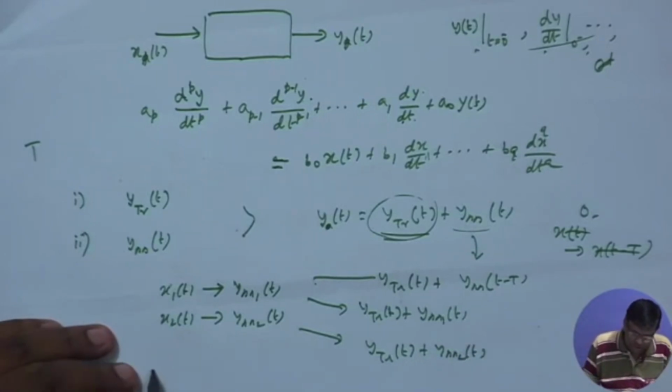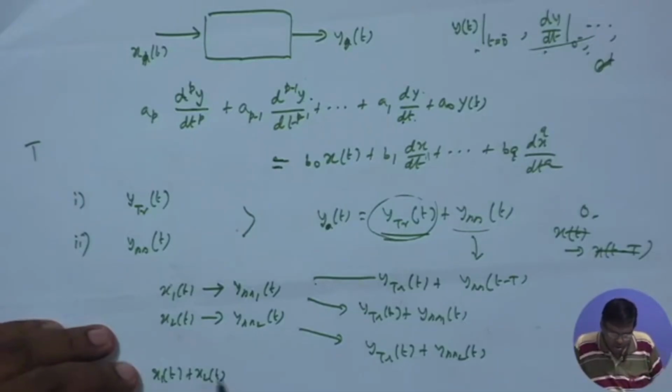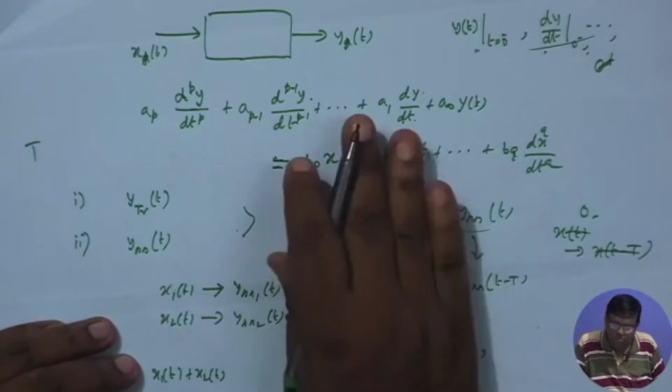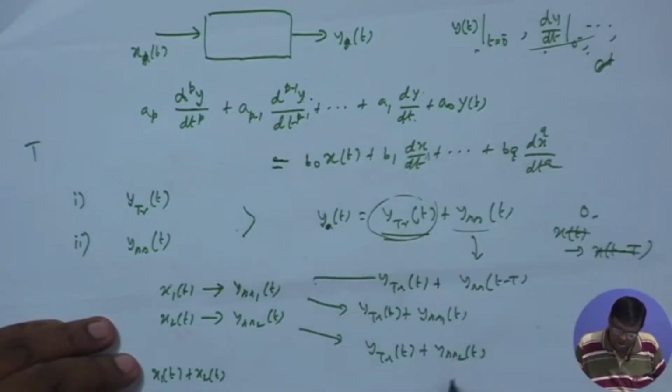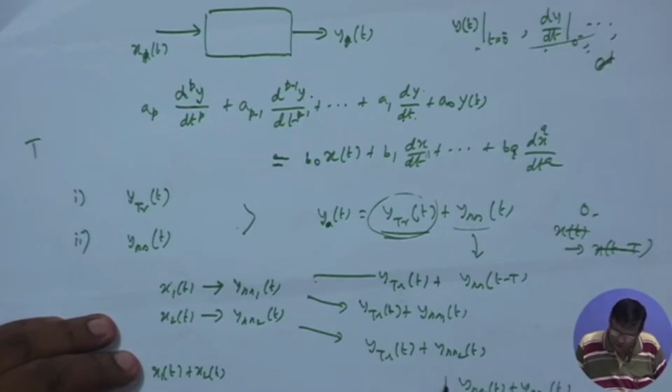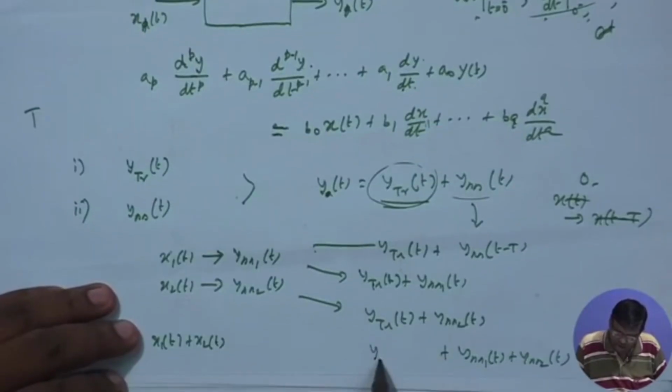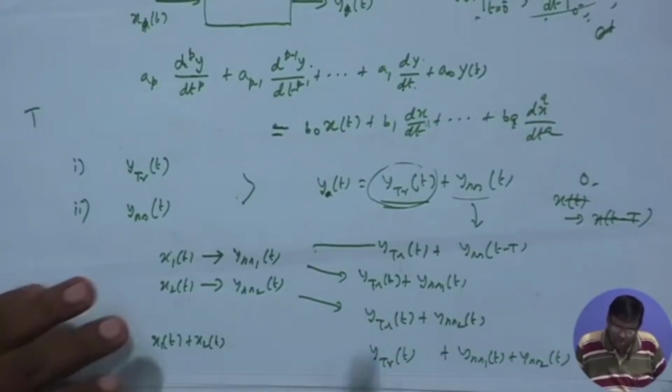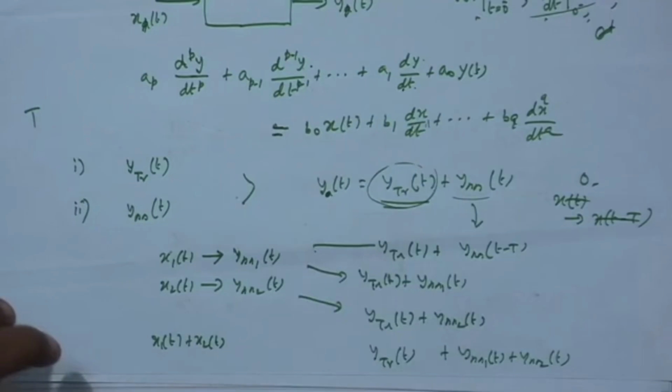If I just add the two and give this as input, the steady state solution will be the summation of the two, because that part is linear, as we have seen. So that will be y_ss1 plus y_ss2, but this will not get added, because it is independent of the input; it is given by the initial conditions.